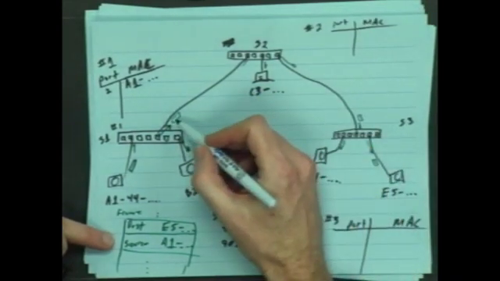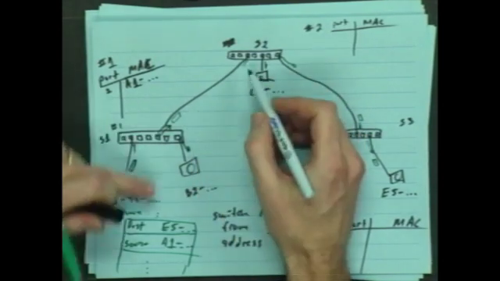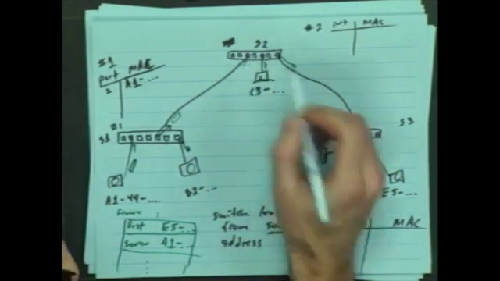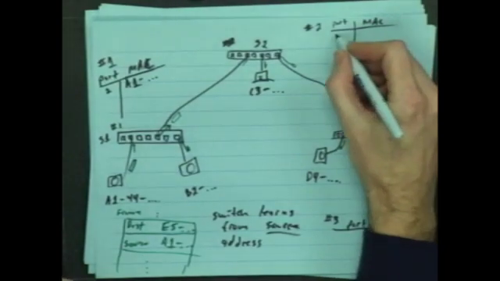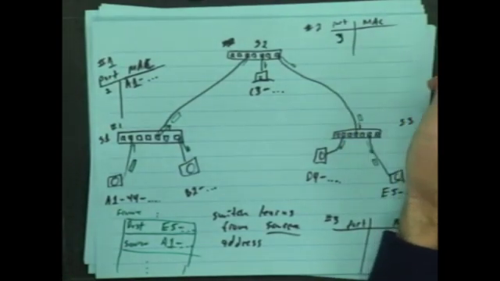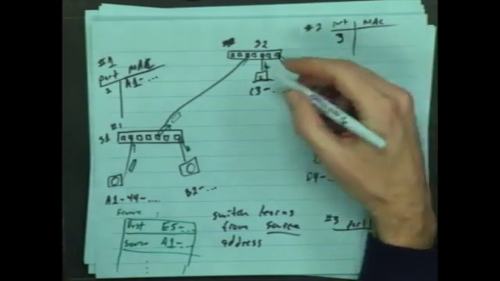All right, so that same frame is broadcast out here, and it comes out all ports. What does switch 2 now know? What does it know about port 3?